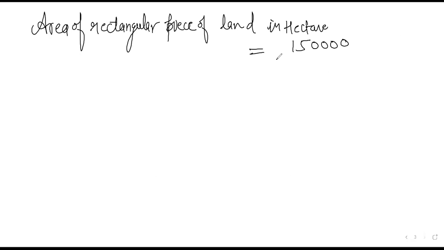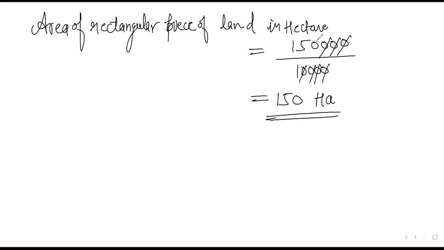So 1,50,000 divided by 10,000, that means 4 zeros get cancelled out. That means simply answer is coming 150 hectare, right? Okay.